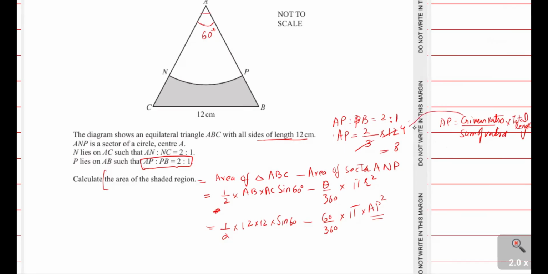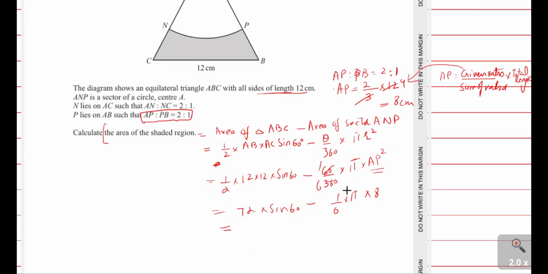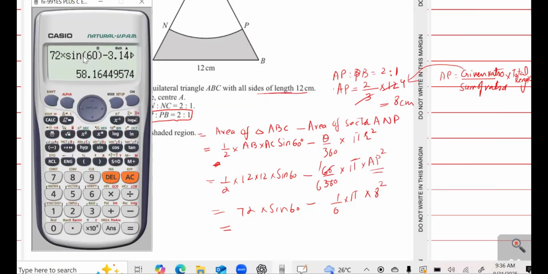According to this, the value will be equal to 8 centimeter. We write here AP is 8 and this is 1 over 6 pi AP squared, so 1 over 6 pi into 8 squared, and this is equal to 72 into sine 60 minus 3.142 multiplied by 8 squared, 8 squared is 64, divided by 6.